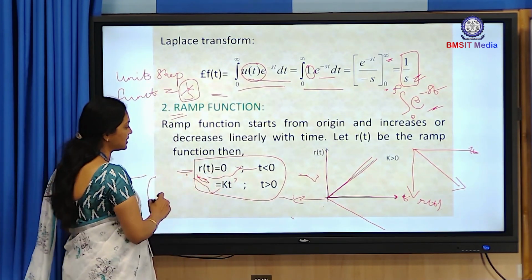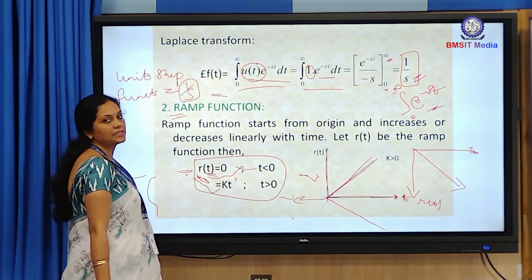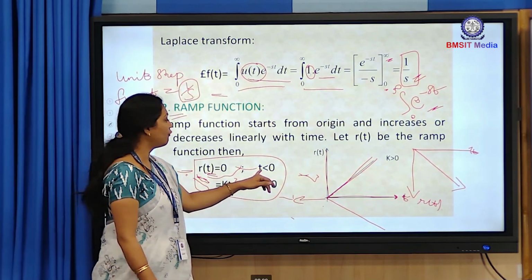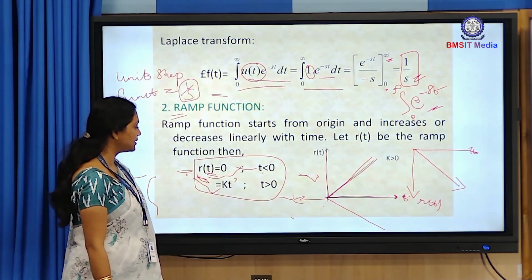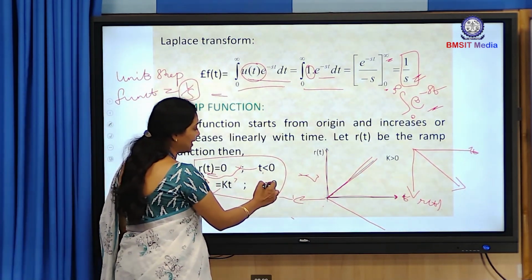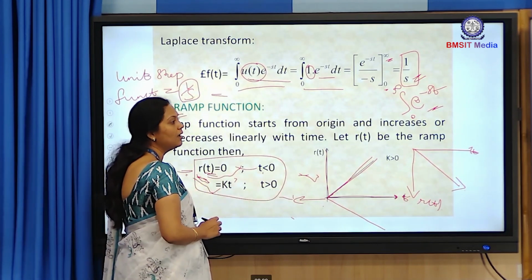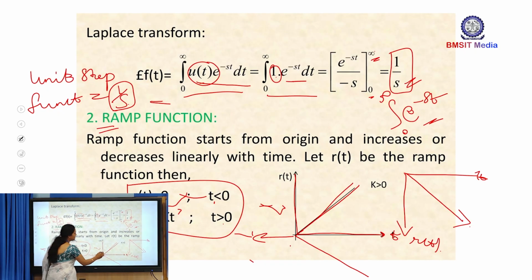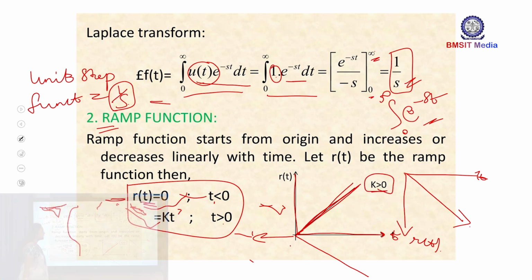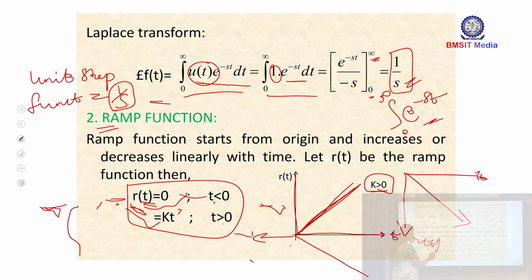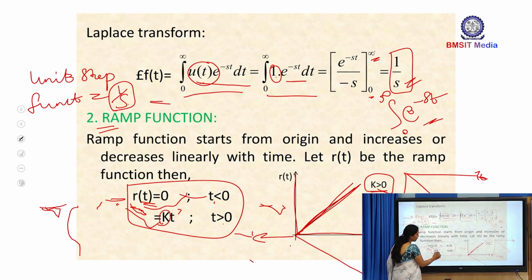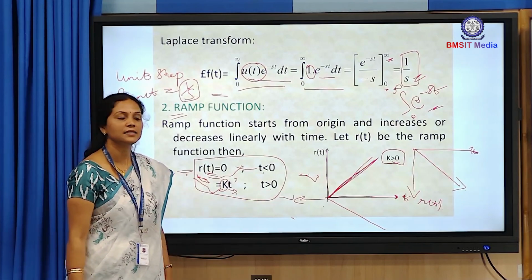So, r of t is equivalent to 0 for the time t lesser than 0. Suppose the time t is greater than 0, what is the equation that we will be getting? This will be a constant k, and here we are saying that the value of k is greater than 0. That means the constant k varies with respect to the time t for t greater than 0.